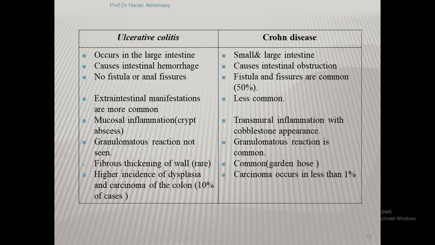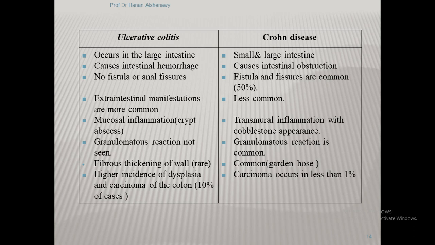So let's compare ulcerative colitis and Crohn's disease. This is a very important table we have to study very well. Ulcerative colitis usually occurs in the large intestine, from the name colitis. Crohn's disease affects usually the small and sometimes the large intestine. Ulcerative colitis usually causes bleeding per rectum, intestinal hemorrhage, but Crohn's disease usually manifests by intestinal obstruction.